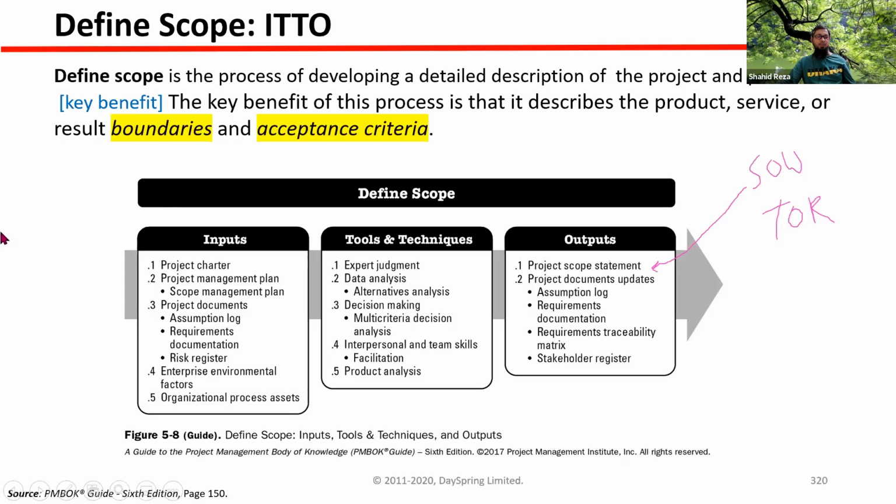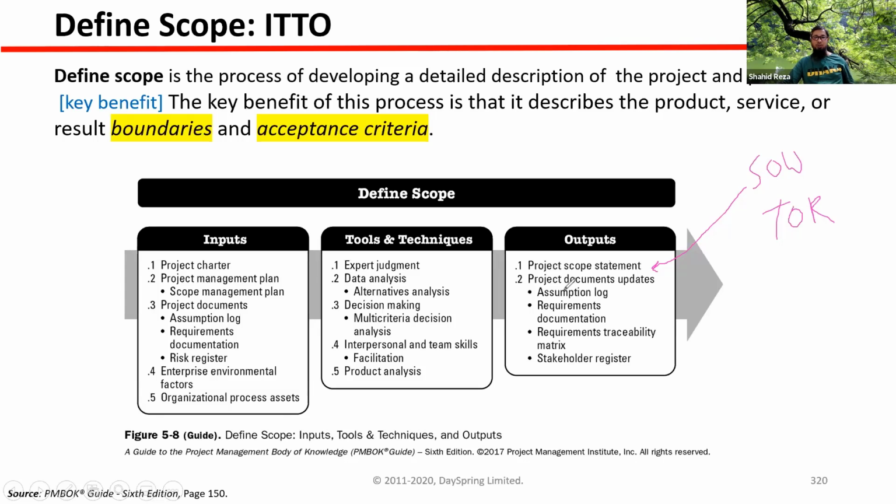So far, we have been trying to collect requirements from the stakeholders using different tools and techniques. Now our duty is to make a scope statement, or a scope of work or terms of reference document, which will be our base document to develop the product, service, or result.